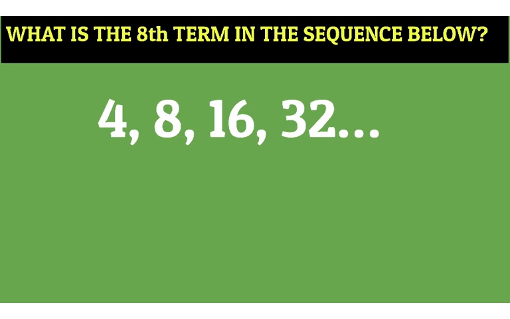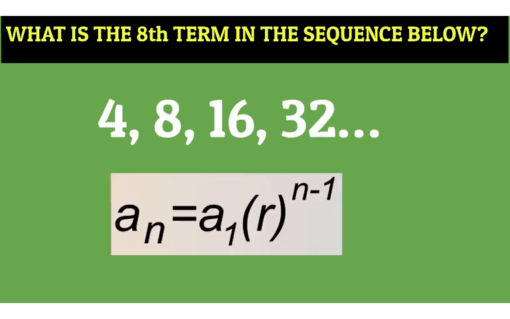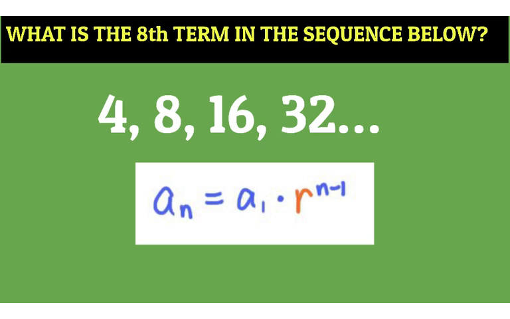So let's look at an example. Let's say we're being asked to find the 8th term in the sequence below. So we're going to use a special sequential formula. It looks like this, although I prefer it this way. But it is important to go over a few things in this formula. For instance, a sub 1 is really the first term in the sequence.